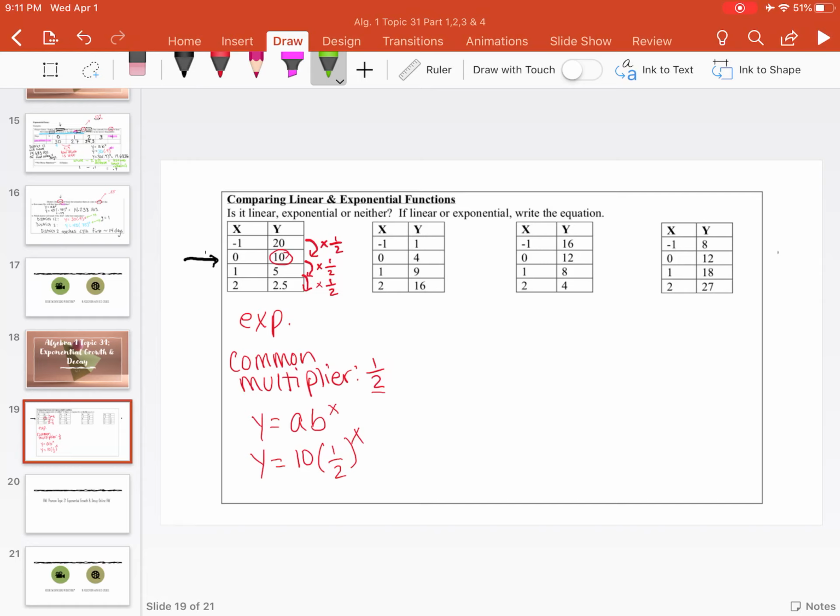So here, we're not getting consistent. We don't have anything that's consistent. And especially if we go from 9 to 16, here we have to add 7, and we would also multiply by a fraction. So for this value, it's neither exponential nor linear.